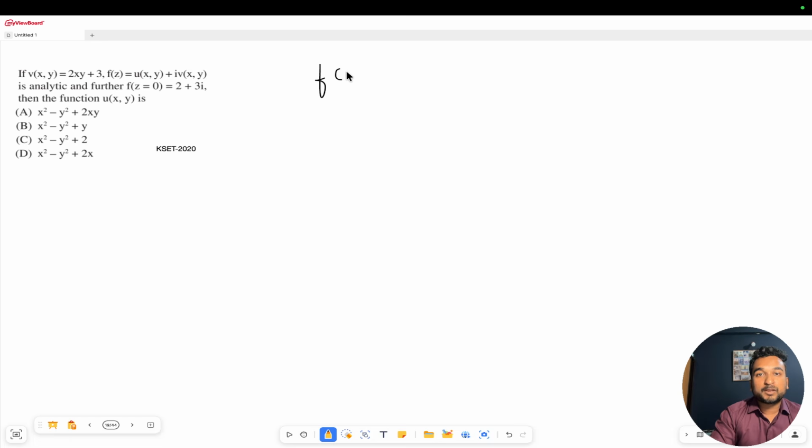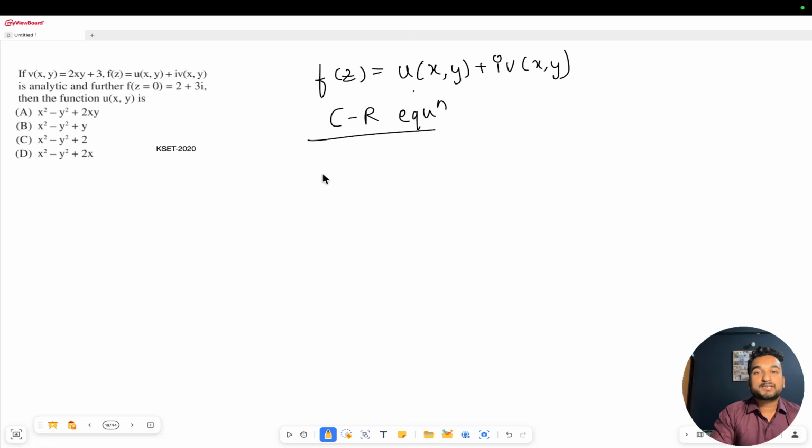You have already studied in your BSc that a complex function f of z can be written as real part plus imaginary part. And if it is analytic, you have studied the CR equations. What is the CR equation?